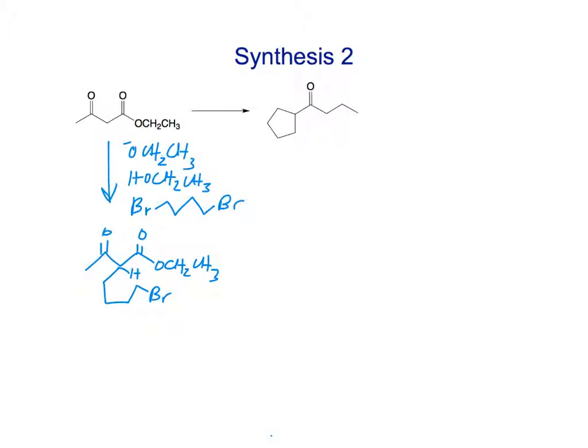All right? Then the alpha position gets deprotonated again, and it just does an intramolecular SN2 substitution. So it goes again, and we make this 5-membered ring like that.